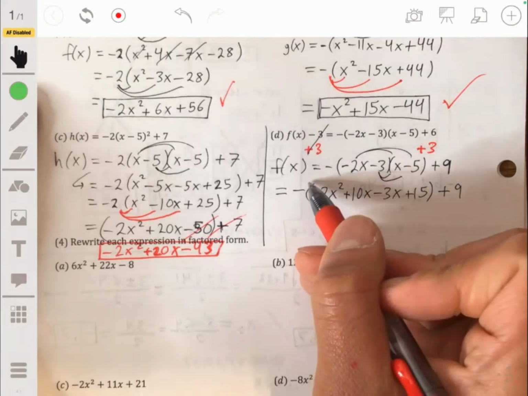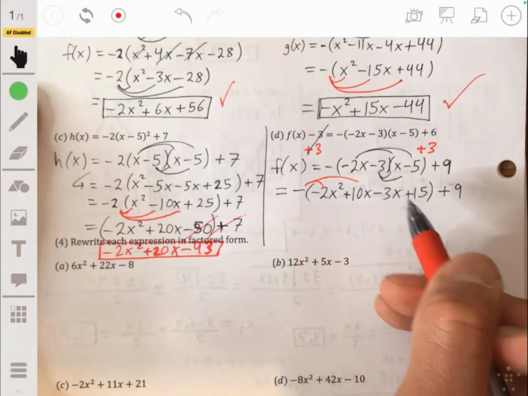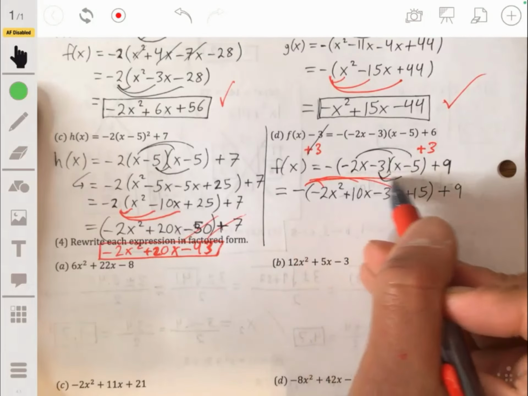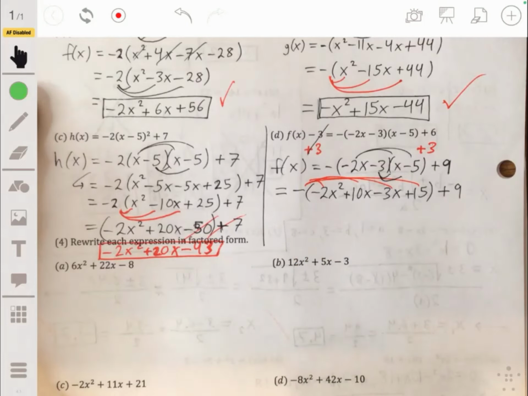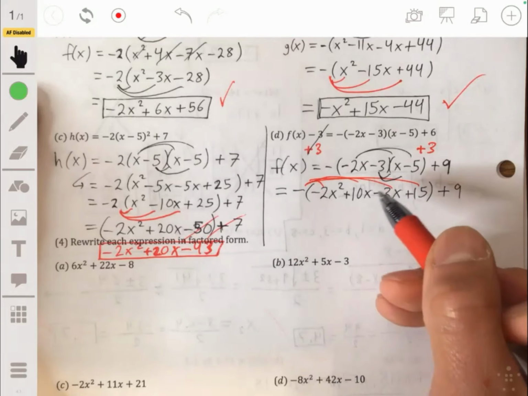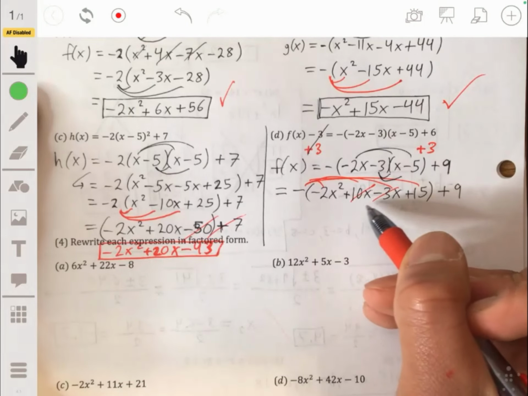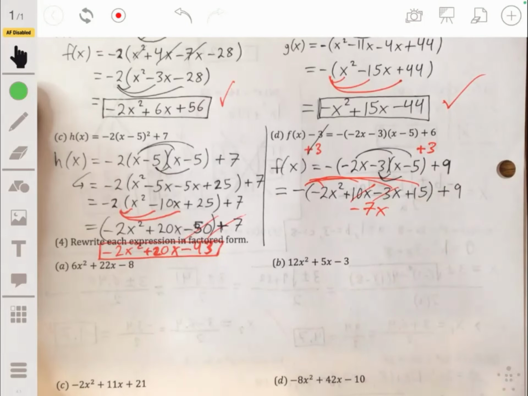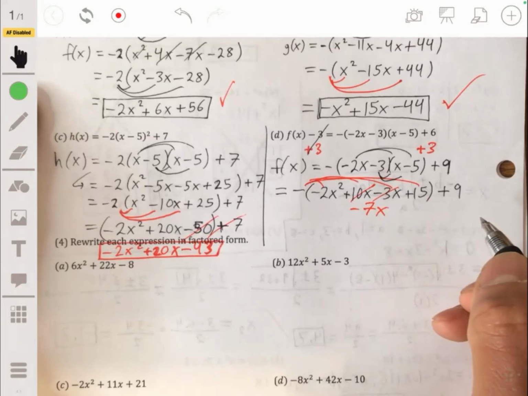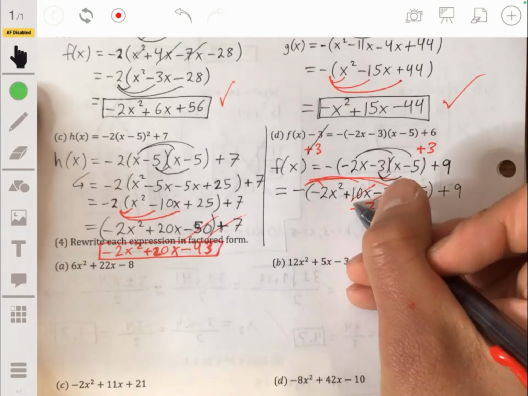This negative gets distributed to each of these. Before that, though, let me combine these. 10x and minus 3x make a minus 7x. Or no, sorry, make a positive 7x.